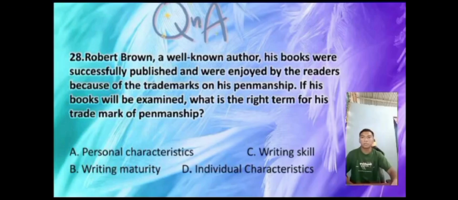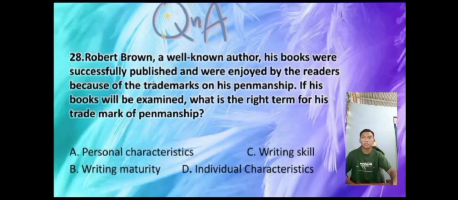So my answer is D, individual characteristic. This means that in each hand, everyone has unique features sa ating mga handwriting na hindi basta-basta pwedeng magaya ng iba. It may be due to formation of letters, slant at sa pressure ng pagsusulat.